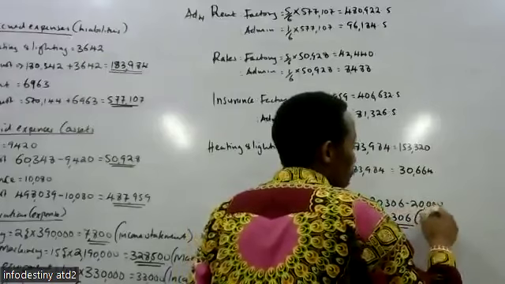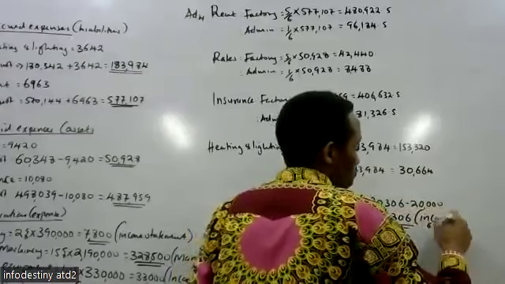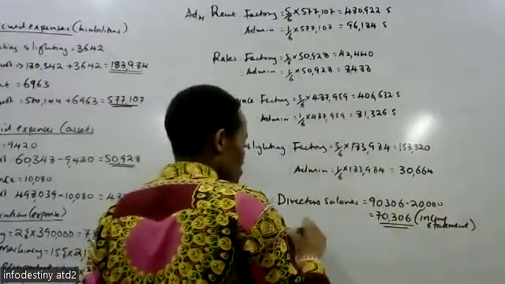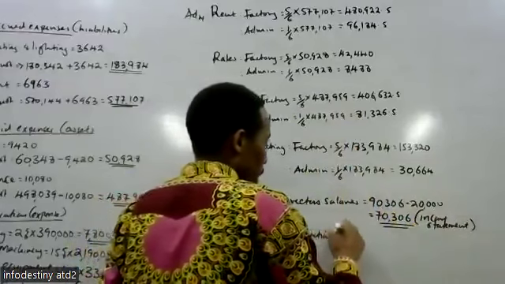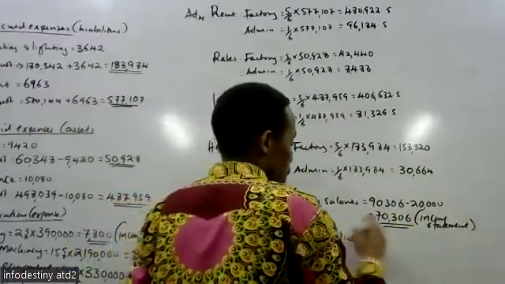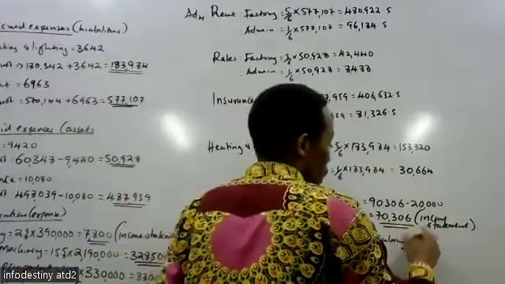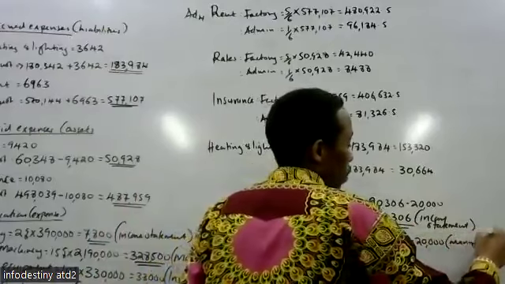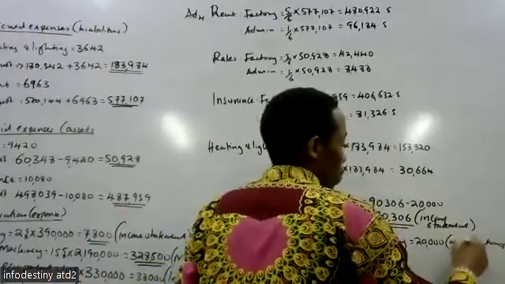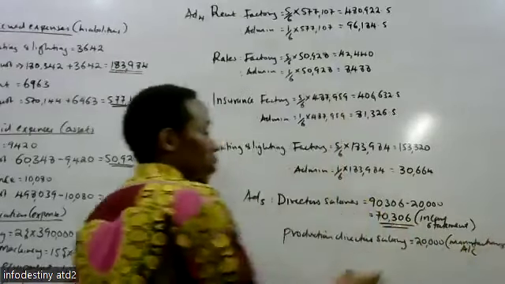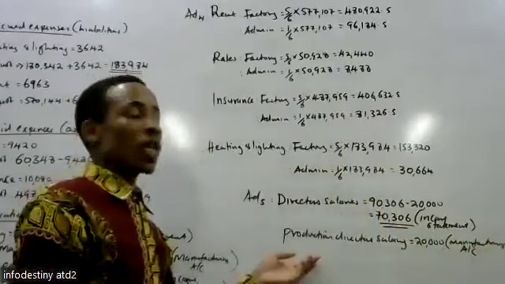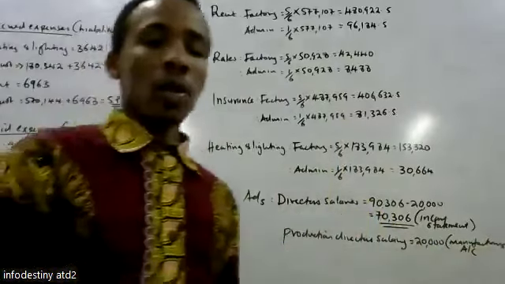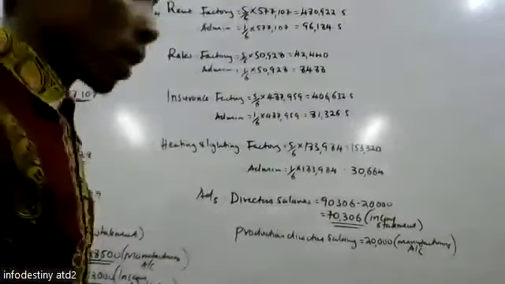So this amount goes to the income statement. Then the 20,000 is the production director salary. This one goes to the manufacturing account. The reason why we are taking it to the manufacturing account is because it has been associated with production.